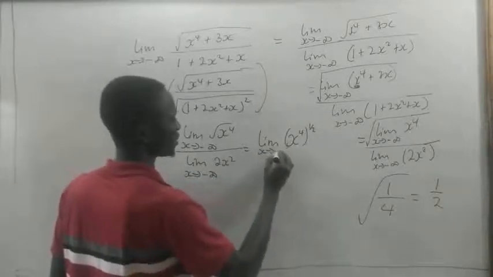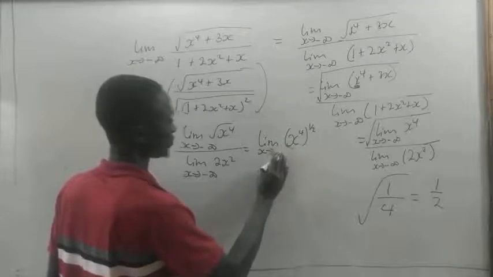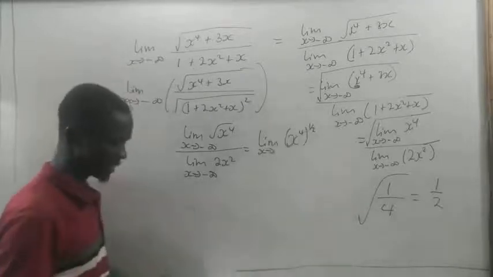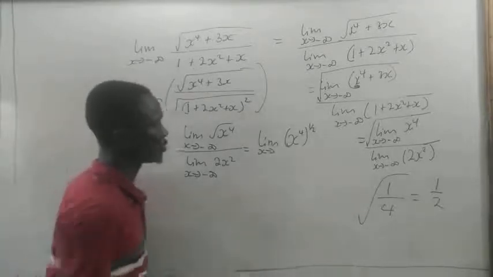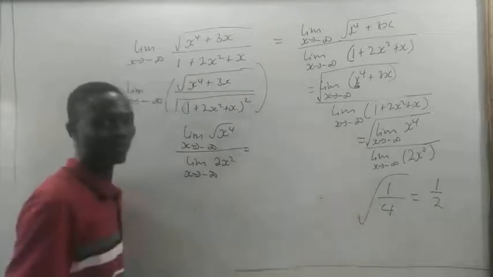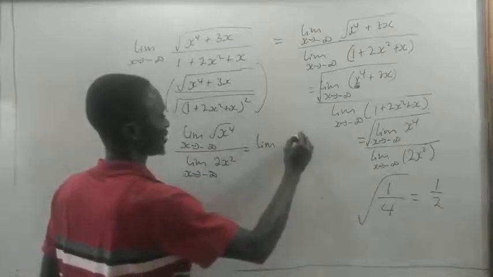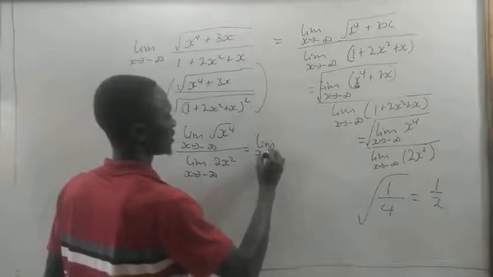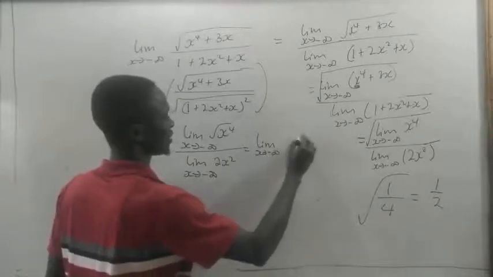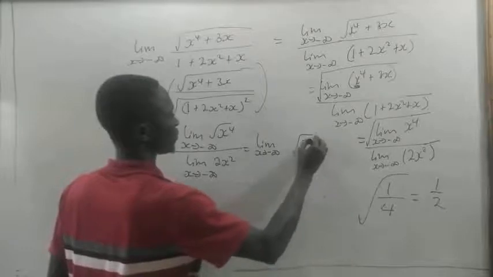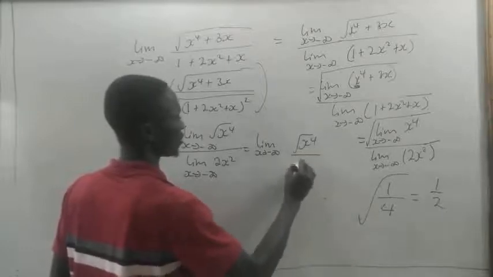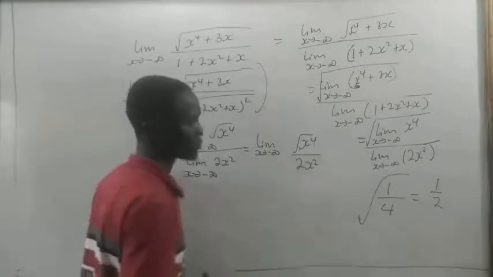Oh, there's no need for breaking it this way. So let me write it this way straight so that we don't waste more time. So this is the same as writing the limit as x approaches negative infinity, square root of x to the power 4 divided by 2x squared.